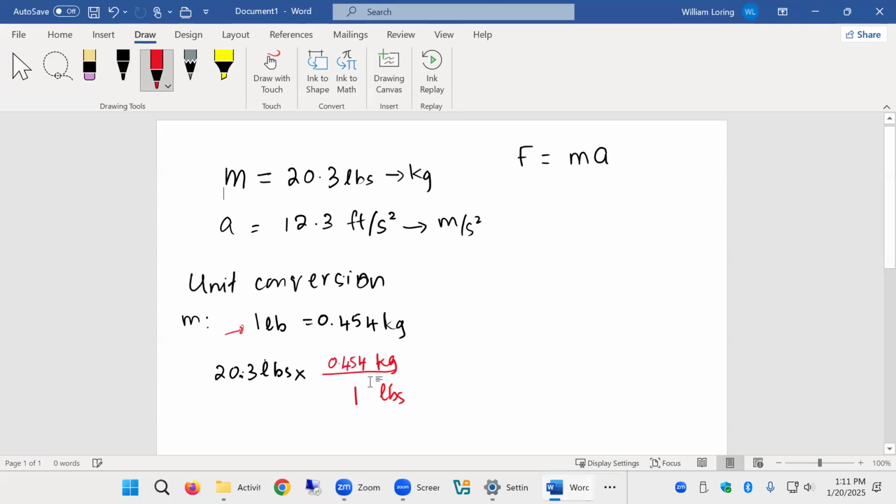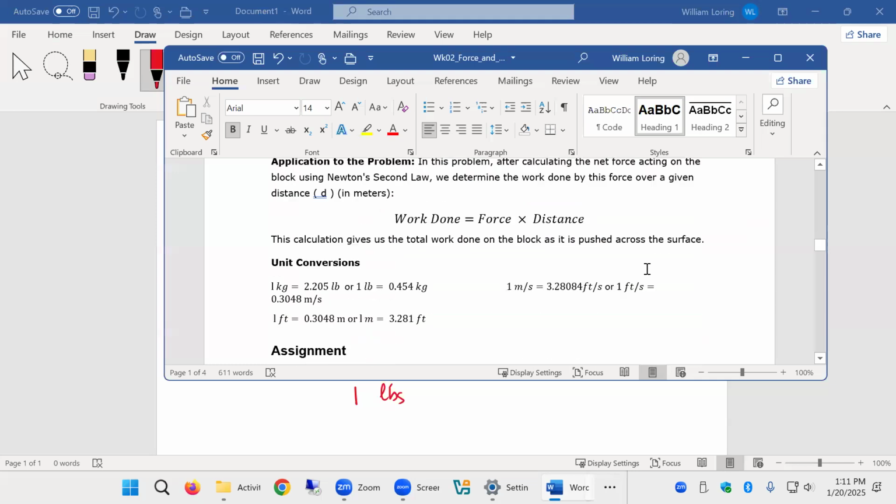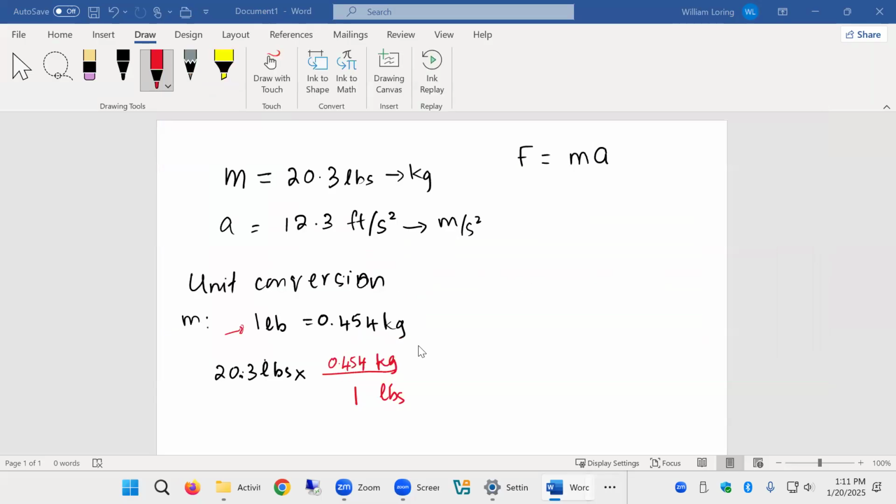You can do it the other way too, because I have the unit conversion here as 1 kilogram is equal to 2.205 pounds. It's the same thing. Once you do this, pounds cancel out and you will have your mass in kilograms.